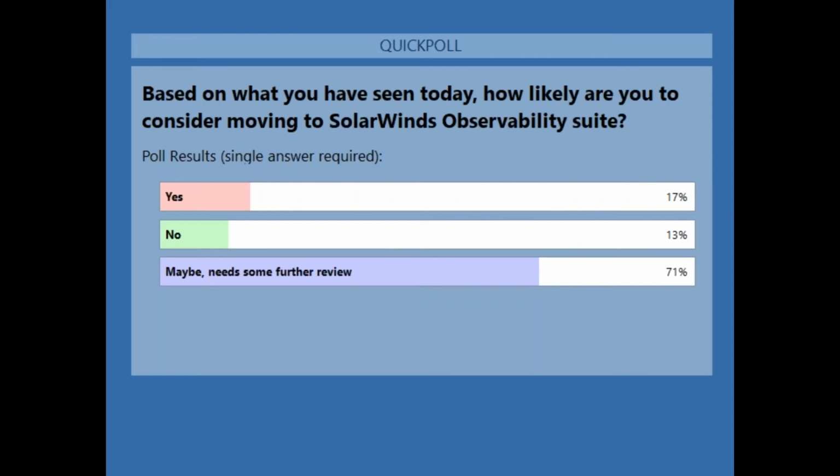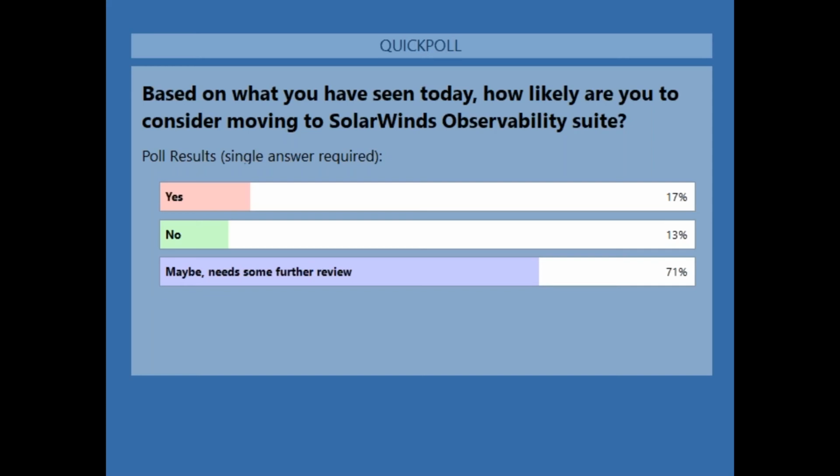Okay, so the results are up. In terms of what we've shared today, "maybe needs some further review" is at 71%. So utilize us, guys, to know more about observability.